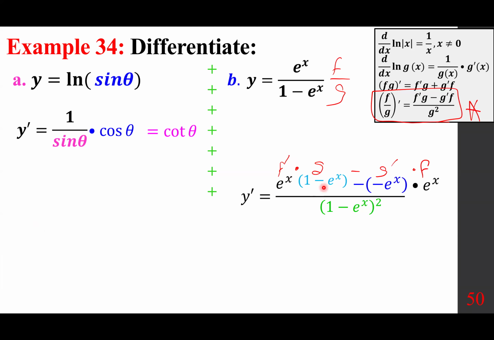Distribute, you get minus e to the power of x times e to the power of x, which is e to the power of 2x, minus minus, plus e to the power of 2x. These two cancel each other. So the numerator is simply e to the power of x. The denominator remains unchanged. So y prime is e to the power of x over (1 minus e to the power of x) squared. You don't have to square that out. This is done.